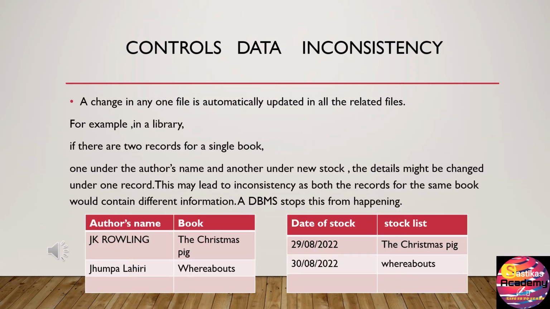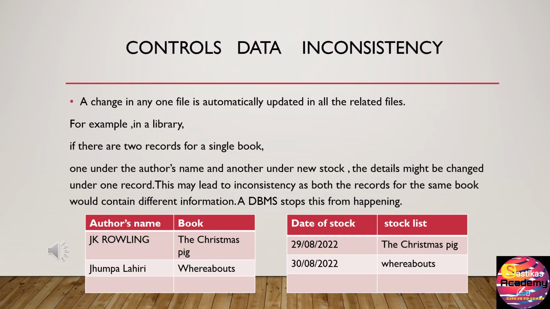And next one is control data inconsistency. Inconsistency means, consider this example: author's name, book, and date of stock list. The DBMS helps to maintain a record in a consistent manner.